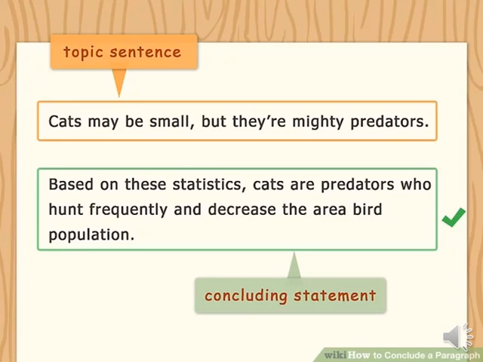Okay, so the concluding sentence is based on these statistics, or you can say in conclusion or finally, all these words could be used, transition words. "Cats are predators who hunt frequently and decrease the area bird population." See? You just throw the same idea of the topic sentence with some more details, things that you took from the other details in your supporting sentences. But if you look at the general meaning, it's the same. They are good predators.